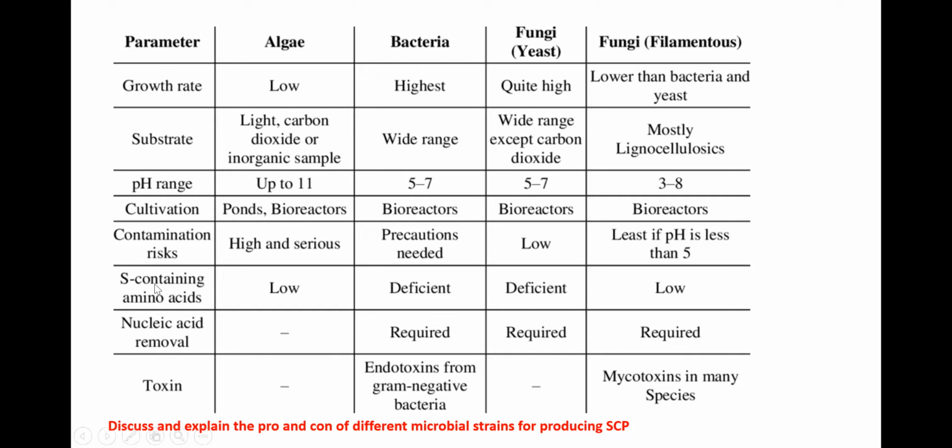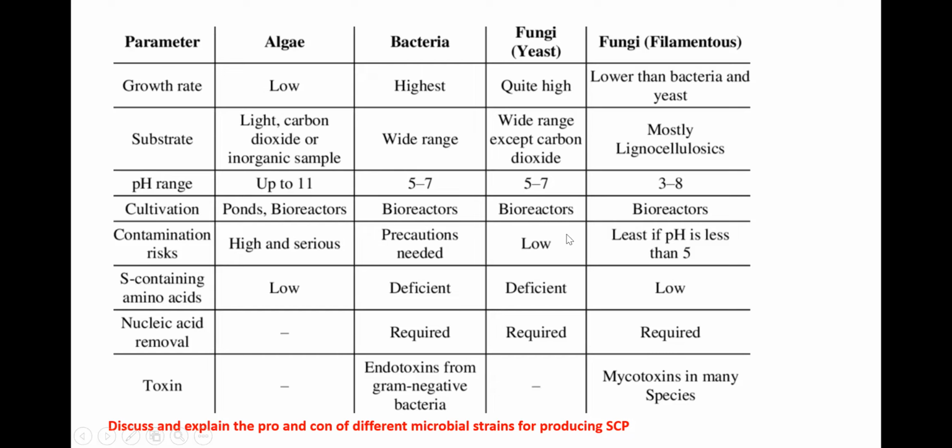Then another concern is about sulfur-containing amino acids. Usually any protein that is of higher complexity and higher value will need sulfur as the main element in the amino acid.